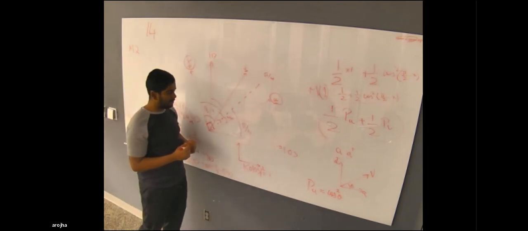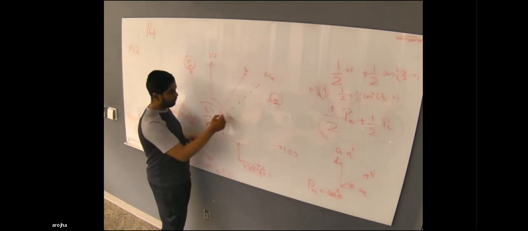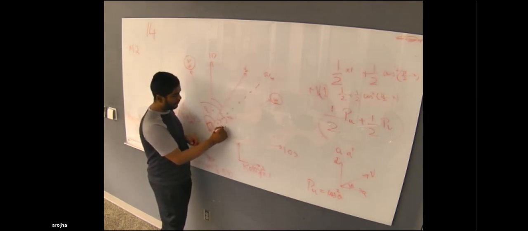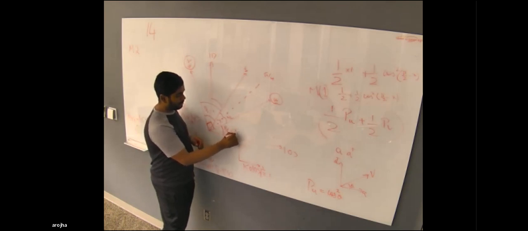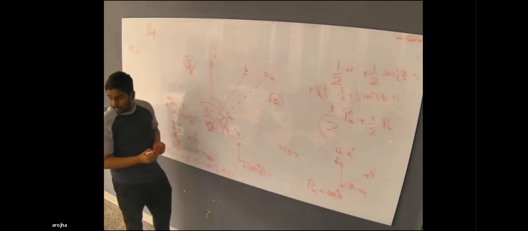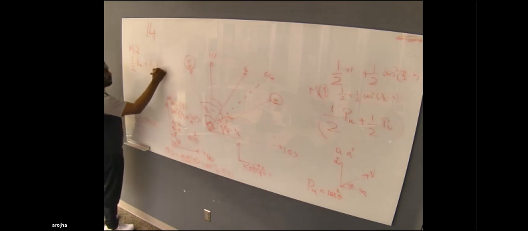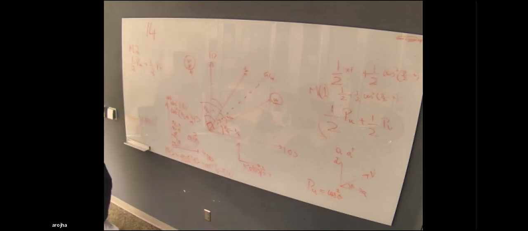So this angle would be, this is pi by 4, this is x by 2, this should be pi by 4 minus x over 2. And this is also pi by 4, because the dotted line was pi over 4, and from 0 to U is pi over 4 minus x over 2.